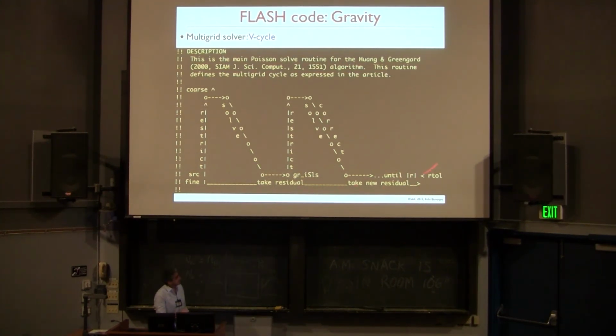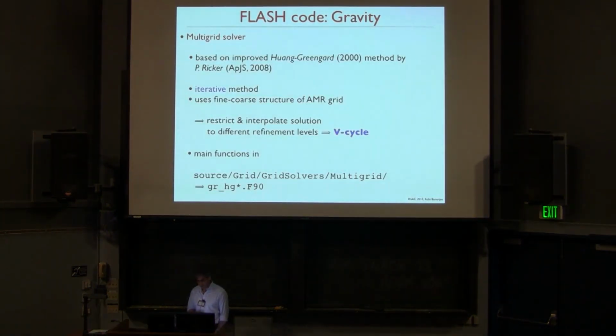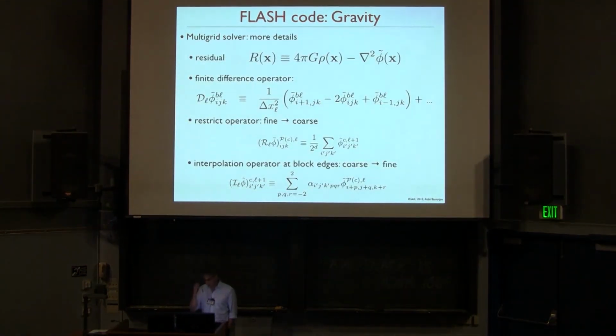After one cycle you check your error, which is done by an L2 norm. The main functions you find in this directory. They're all called gr_hg, for Green-Guard. So this is how it works a little bit in practice.